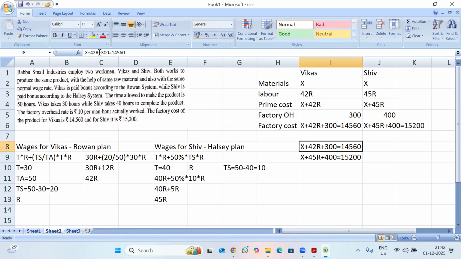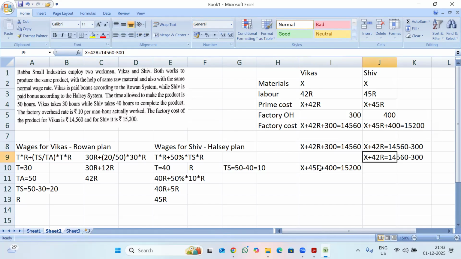So let's solve this. If I move this 300 to this side, I will be getting 14,260.